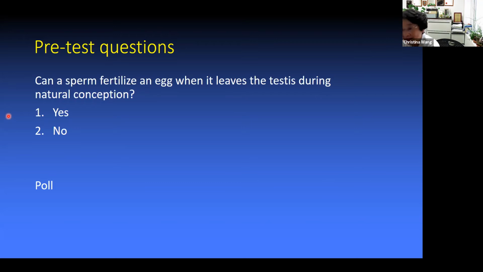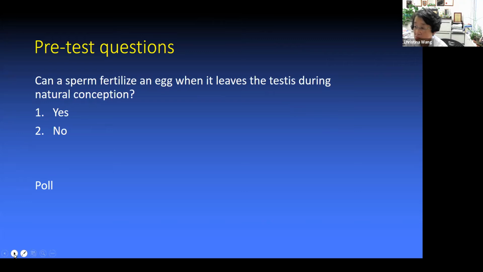When it's ejaculated in the seminal fluid, right? We are talking about the sperm in the seminal fluid during natural conception. It should go to the female reproductive tract, right? Okay. So 63% say yes, 37% say no, and we will talk about this process.